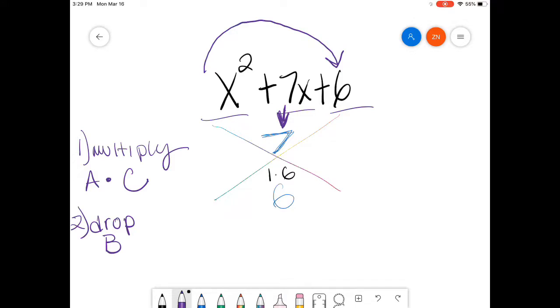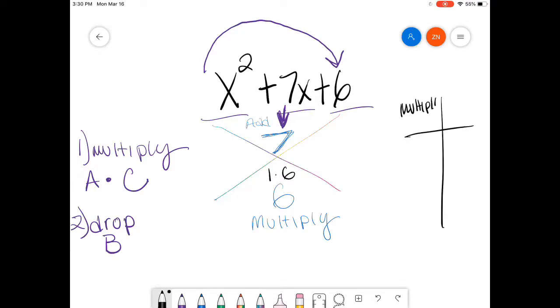Now comes the more complex part. I want to think of two numbers that multiply to give me 6, but add to give me 7. If I brainstorm those numbers, I want to think of two numbers that multiply to give me 6, but add to give me 7.